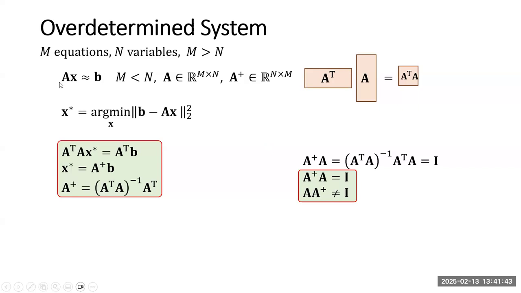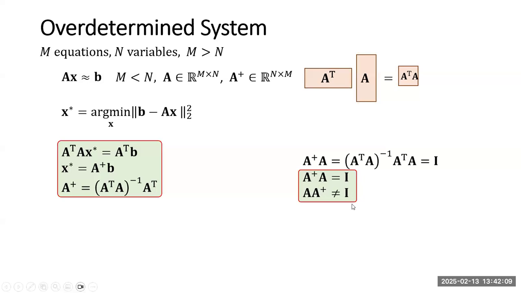But what's the rank of A? 10, right? So if you take this, A A pseudo inverse is a 100 by 100 matrix, but A is of rank 10.